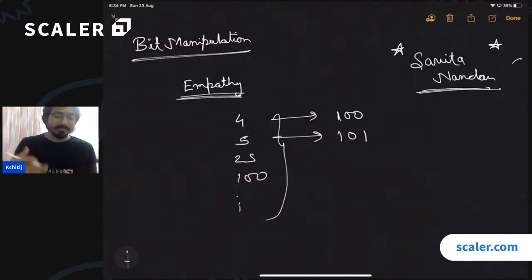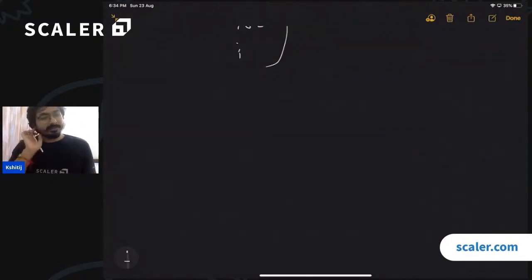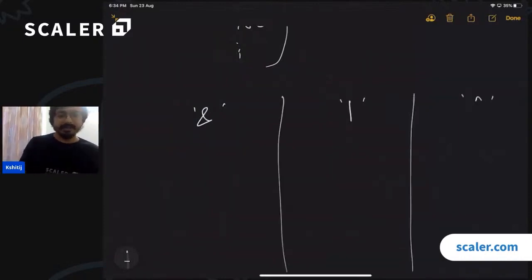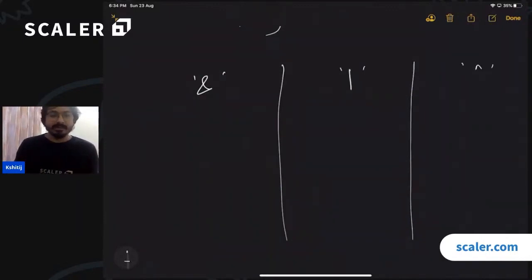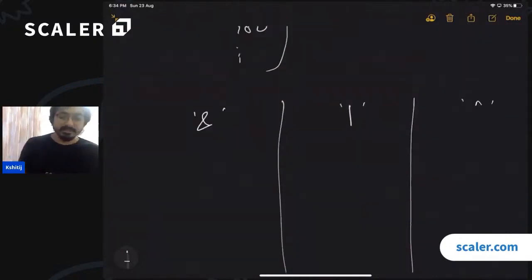Before actually jumping onto the problems, we'll quickly revise some of the basic bitwise operators. We'll be talking about the bitwise AND, the bitwise OR and the bitwise XOR. Everyone must have studied this in school. Before we see how these function, let us define some terminology: a set bit and an unset bit.